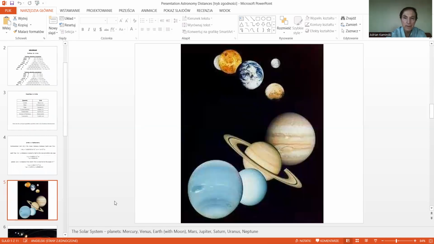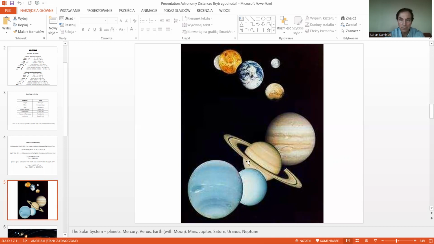Okay. Now a picture which presents a number of planets in our solar system. Here the yellow ball is our sun, and the planets: Mercury, Venus, Earth, Mars, Jupiter, Saturn, Uranus, Neptune, and Pluto.